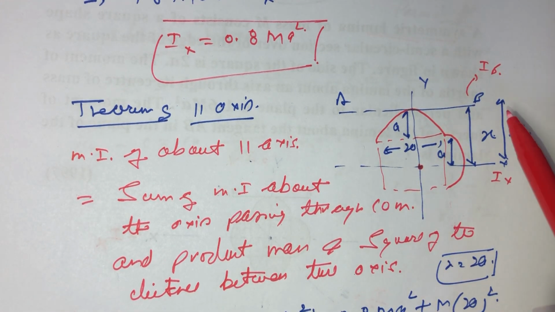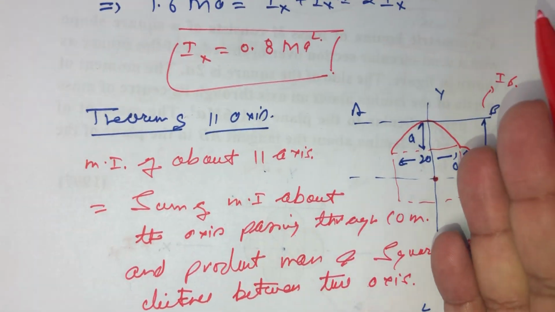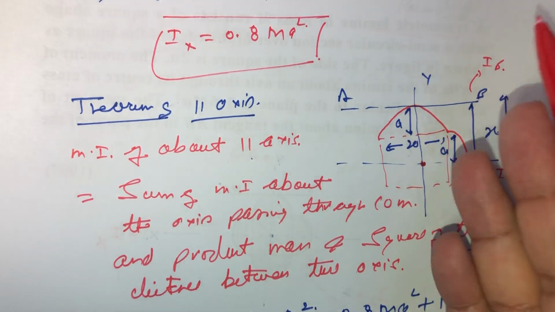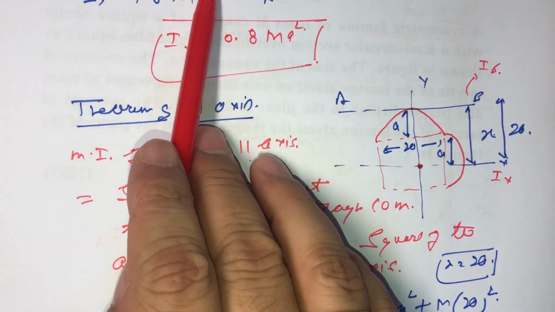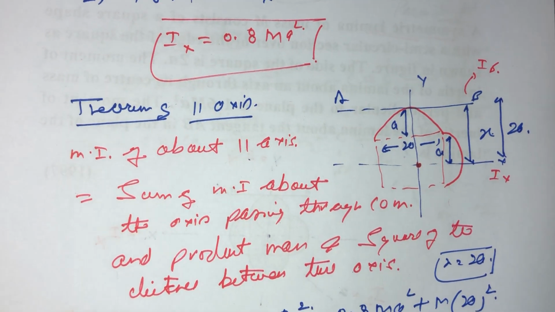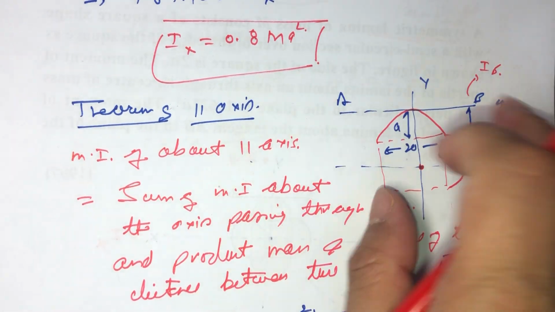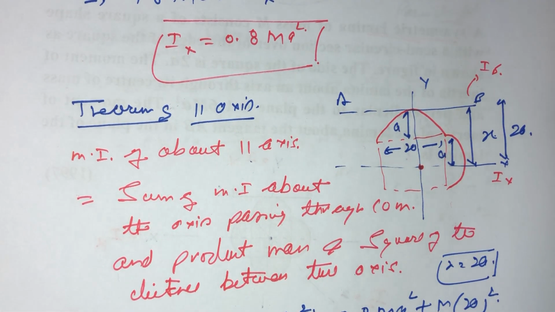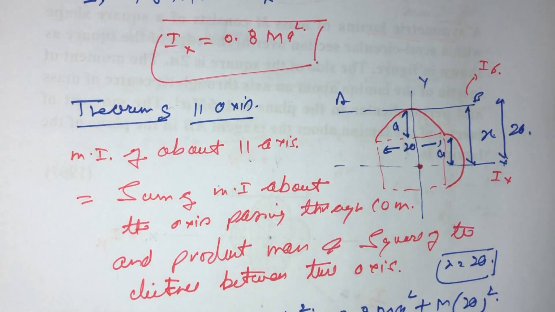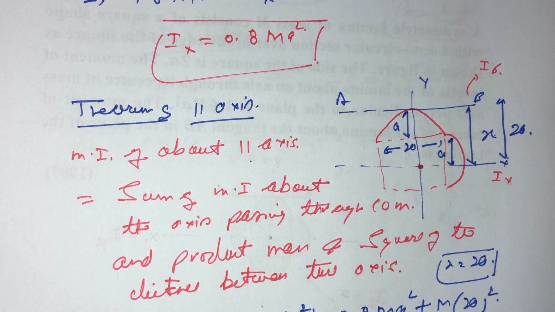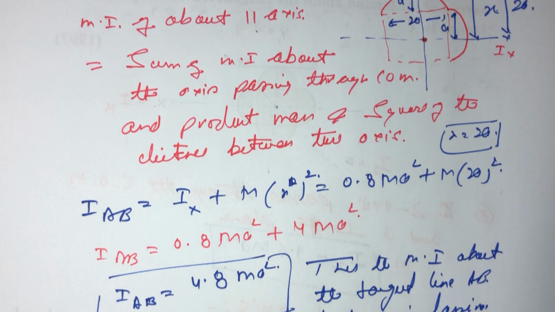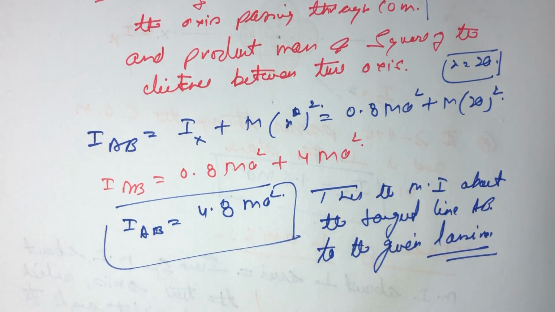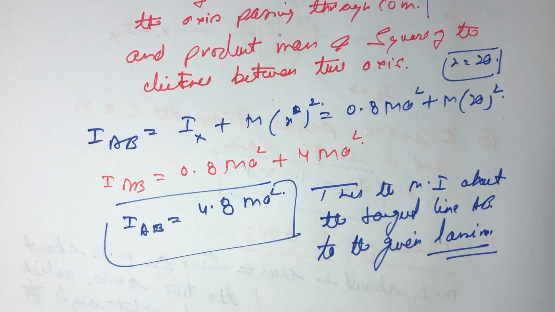In case the tangent is parallel with the y-axis, under this condition we are going to substitute Ix by Iy. No doubt the answer will be coming same, but the tangent will be parallel to the y-axis. So depending upon which axis the tangent is parallel to, we can just manipulate the formula. Okay, so this completes the question.